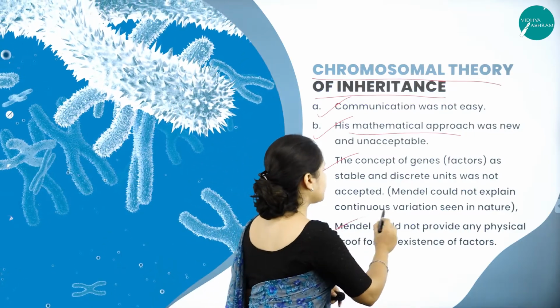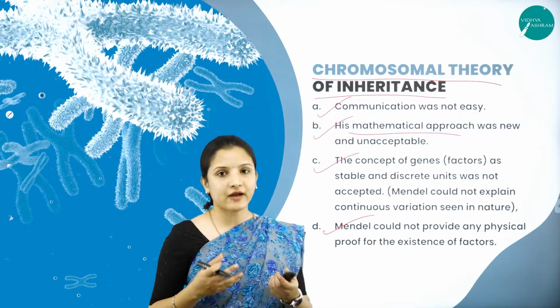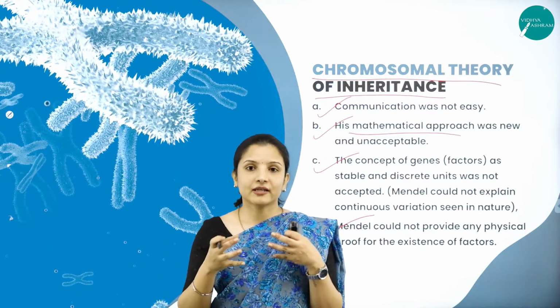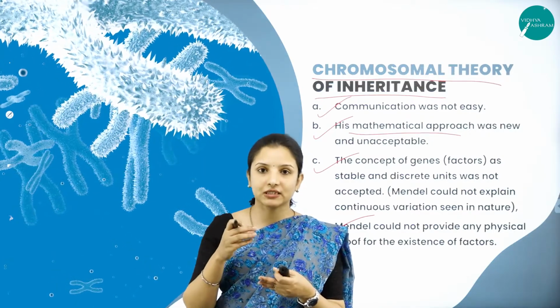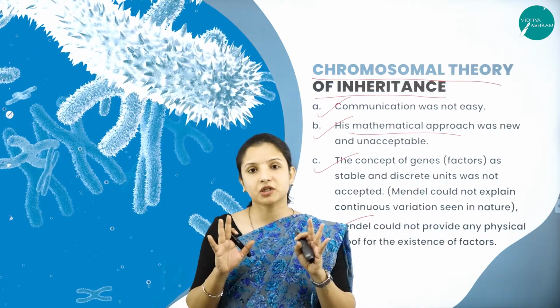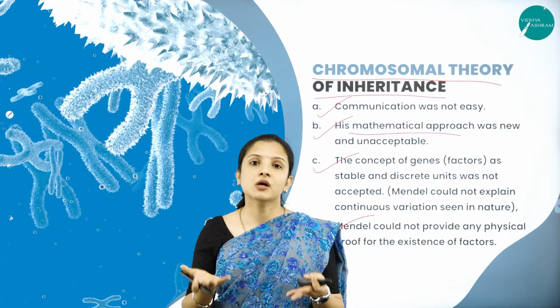Mendel could not provide any physical proof or evidence for the existence of factors. He could not say that there is a cell, inside the cell there is a chromosome, in the chromosome there is the DNA, and the DNA carries the genetic material. He just said there is something called factors which is carried from the parent to the offspring, because there were no microscopes.